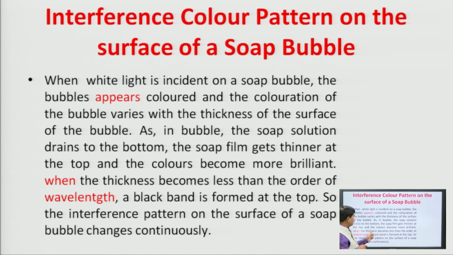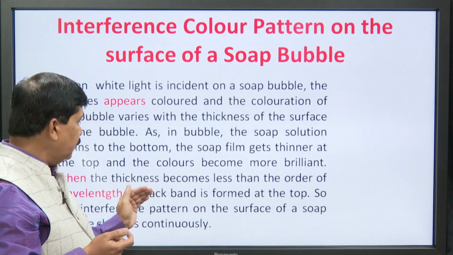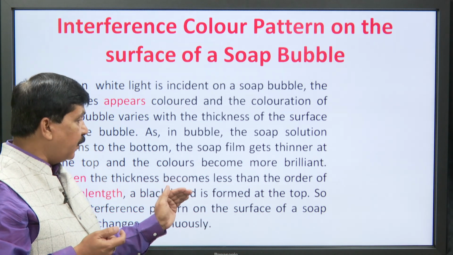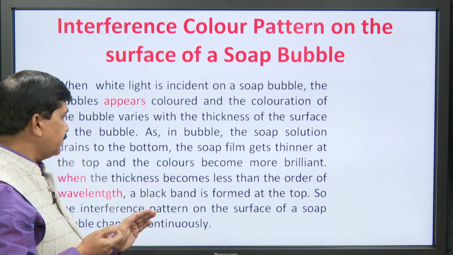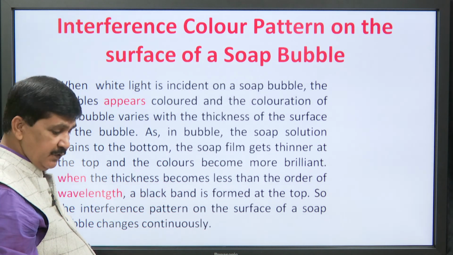If it drains to the bottom, colors become more brilliant because thickness will vary. When the thickness becomes less than the order of the wavelength, tending to 0, a black band is formed at the top. So, the interference pattern on the surface of a soap bubble changes continuously.